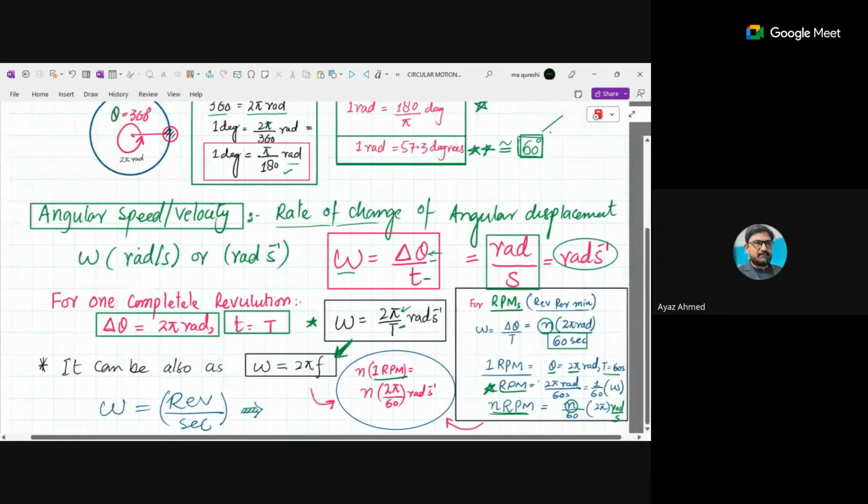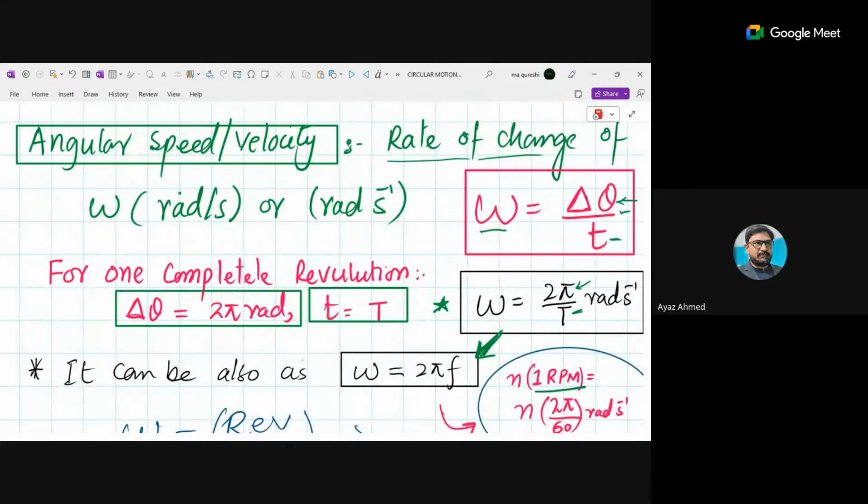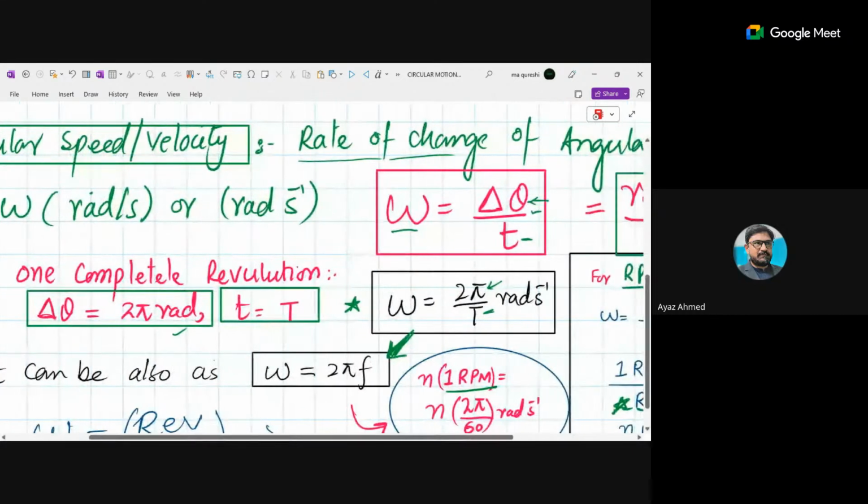For one complete revolution, your angular displacement is 2 pi radian, and the time taken is equal to one time period, T. So when I substitute these into my general equation, delta theta divided by t, it becomes 2 pi by T, because delta theta is 2 pi radians and time is one time period.